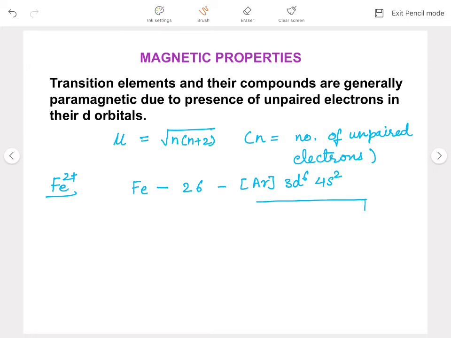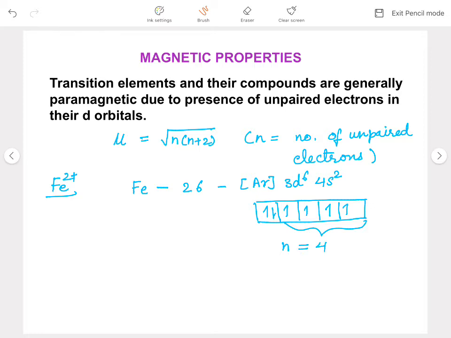Let's see how these 6 electrons are present in d subshell. We know that there are 5 d orbitals and 6 electrons are arranged like this. So we have only 4 unpaired electrons, so we have n is equal to 4.